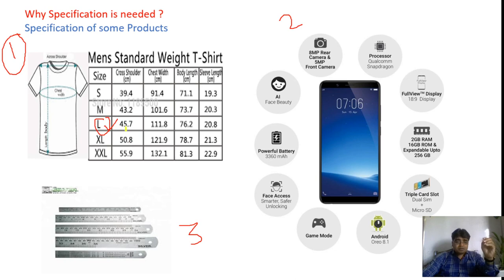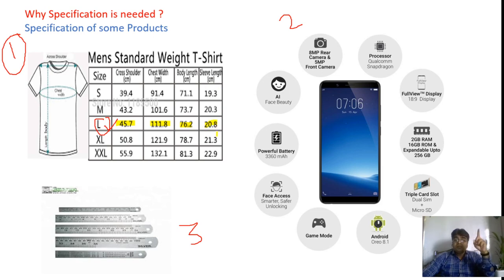Definitely the shopkeeper immediately comes to know you need a cross shoulder of 45.7, a chest length of 111.8, a body length in centimeters of 76.2, and a sleeve length of 20.8.